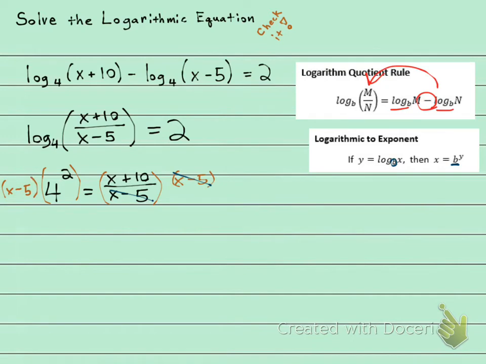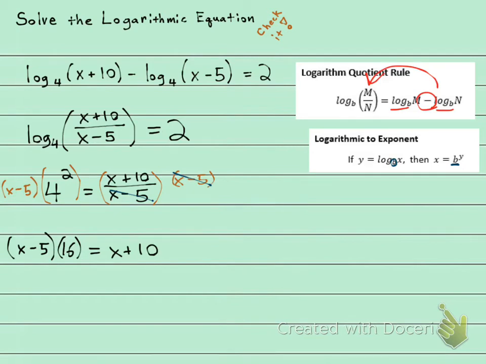Okay, so here's what I have. 4 squared, what's 4 squared? That's 16. So I have x minus 5 times 16. Most math people are going to put that 16 out in the front. I'll leave it right there. Equals x plus 10. Let's distribute.